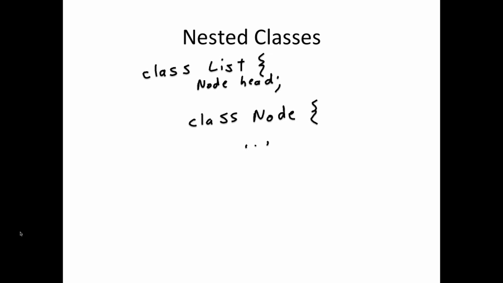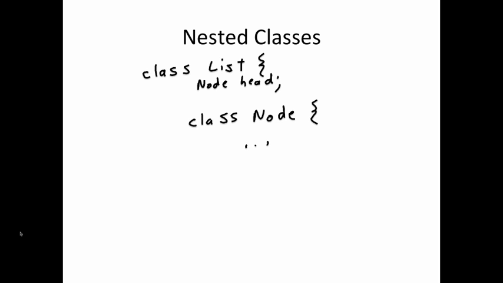Now you'll see exceptions later on in the course, but for the time being you should assume that the reason you define a nested class is because no outside class needs to use it. And the only class that is capable of creating instances of an inner class is the outer class. So here the only class capable of creating an instance of node is the class list.